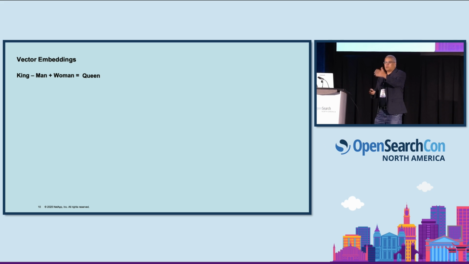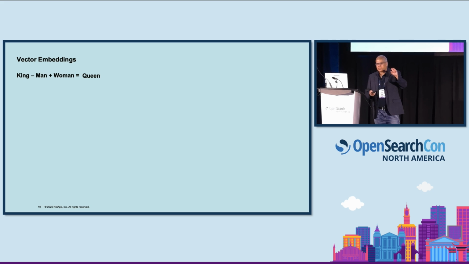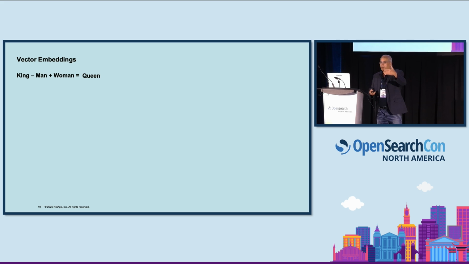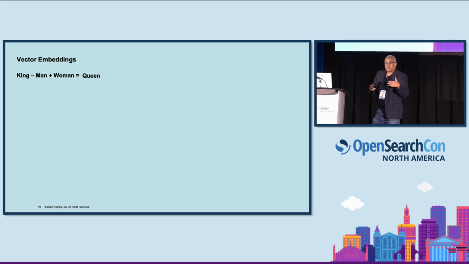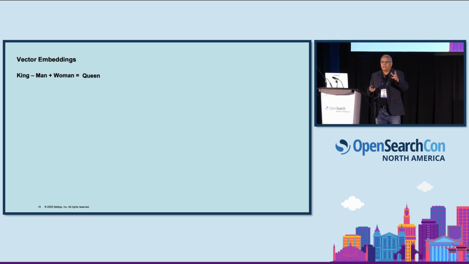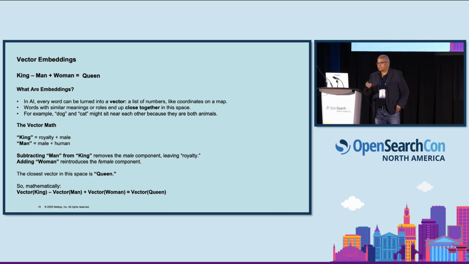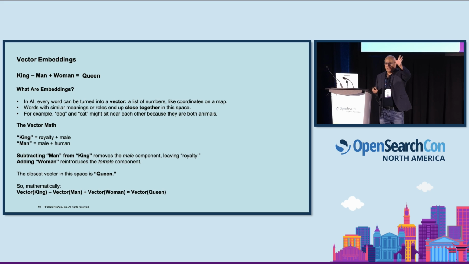That is where embeddings come in. Whether it's text or audio or video, these models convert those into something called embeddings. Embeddings are nothing but an array of numbers, and these arrays of numbers help you compute. In this example, we have come up with a number for king, a number for man, a number for woman.